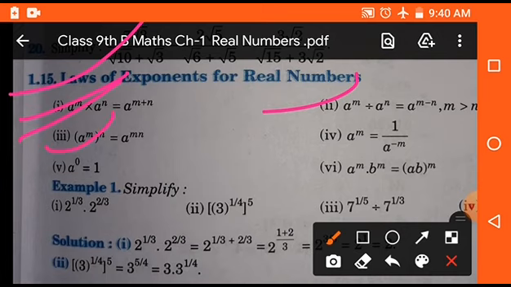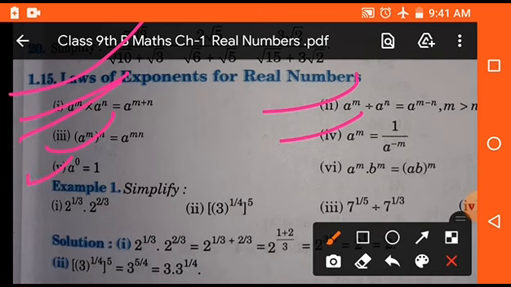If any number is written in the form of a power and there is another power, then both powers will be multiplied. That means if a to the power m whole power n is given, then we can write a to the power m into n, and a to the power minus m we can write as 1 upon a to the power m.